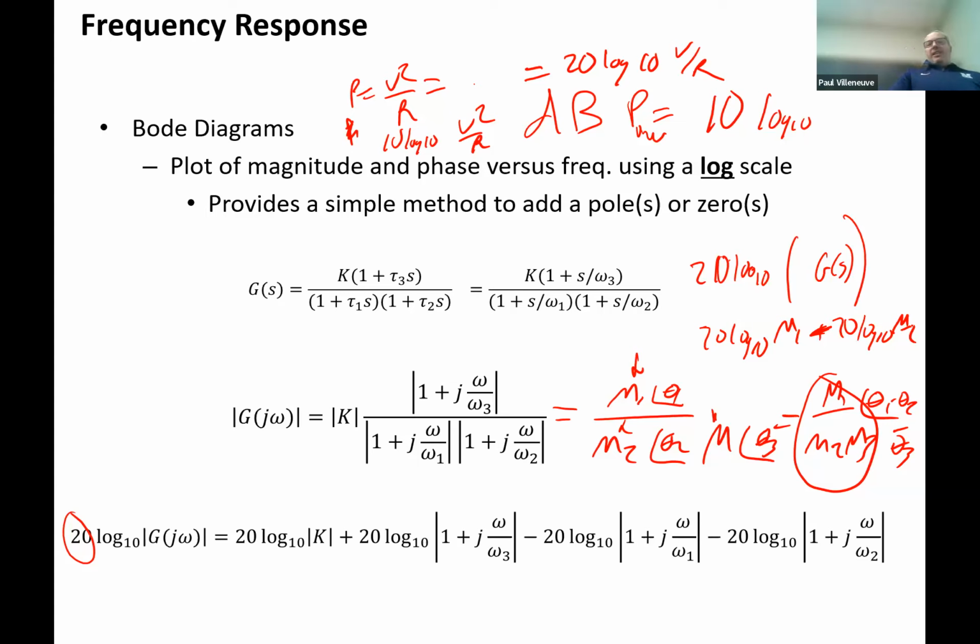So with Bode plots, we use the gain in dB. That's where we get the log. And for our phase shift, we use theta in degrees.